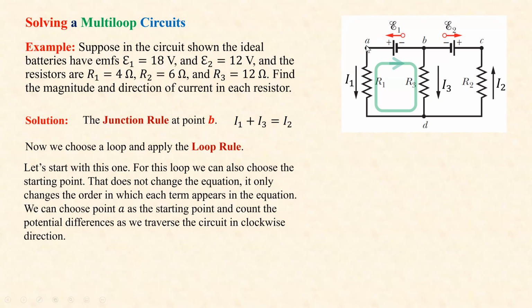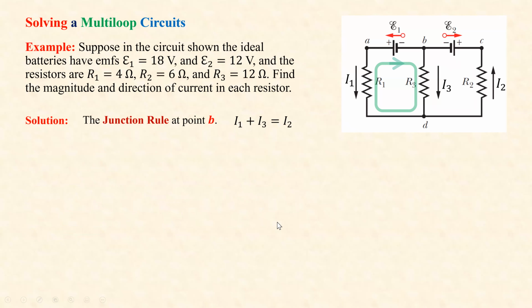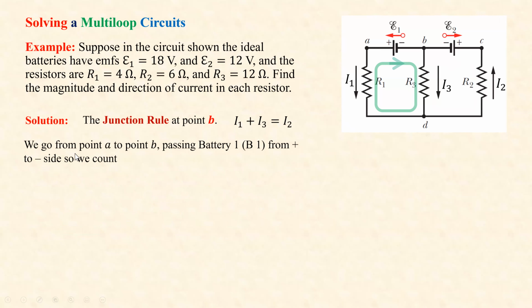So we're starting from here, we're going through this loop this way. We also use the sign conventions that we learned. We go from point A to point B, passing battery 1, from positive side to the negative side. So we said from positive to negative, the potential difference becomes negative E1. So delta V of the battery becomes negative E1, which is negative 18 volts.